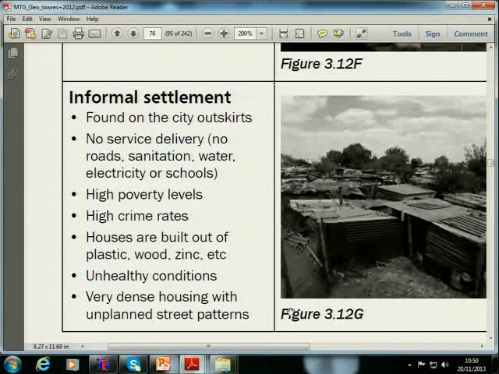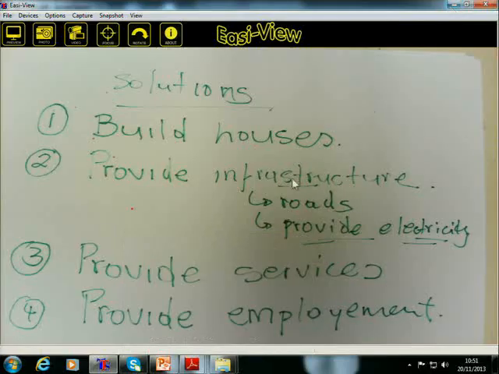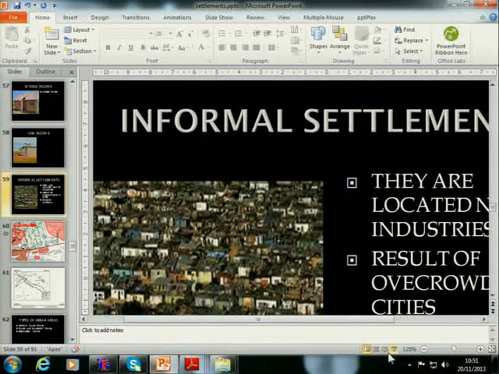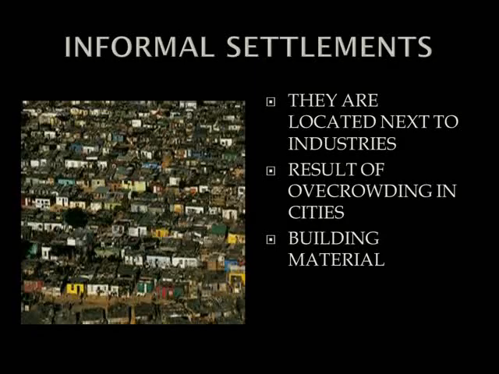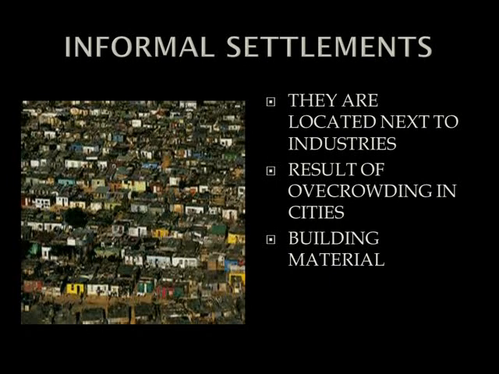And then what can we do to solve the problems that we find in informal settlements? I think this is a very interesting topic that we should know, because it is very simple and straightforward. Now, on that score, guys, let us move on and see what we have in store as we move on through our work.